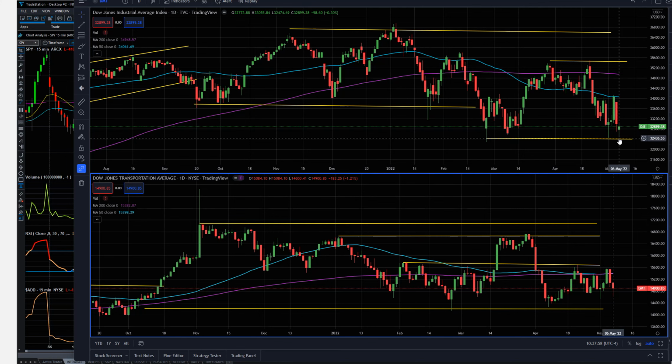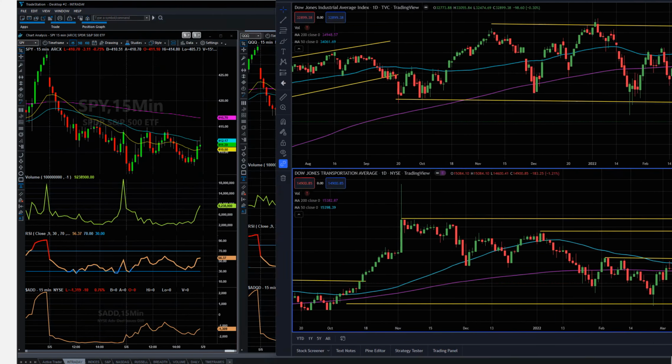You can see the industrials testing support, transports not really at support yet. So it's going to be interesting to see how this is resolved. Intermarket divergences, it's impossible to tell how they're going to be resolved, but they're typically resolved in one way or the other. But we just know that at some point in time, they will get resolved. So it's going to be a question here as to whether the transports are signaling strength or the industrials are signaling weakness, and one will catch up with the other. But I just want to point that out.